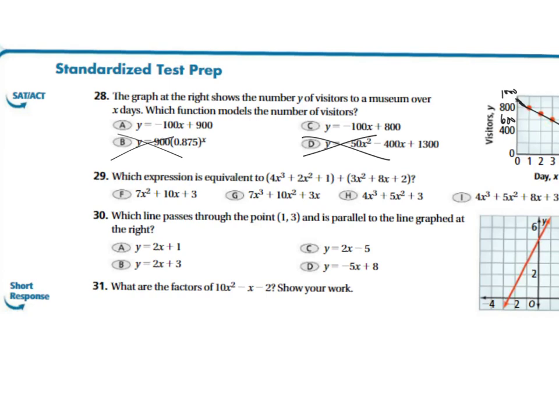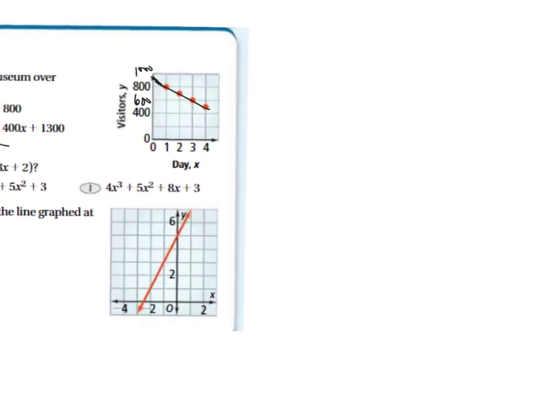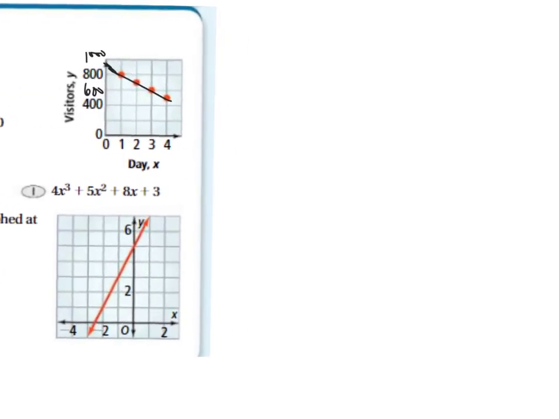And if you weren't sure, if you got it narrowed down to A or C, but you weren't able to follow the logic for the y-intercept part, or if you didn't think about that, you could just pick 2 points on the line. Let's say we've got 1, 800, and 3, 600.